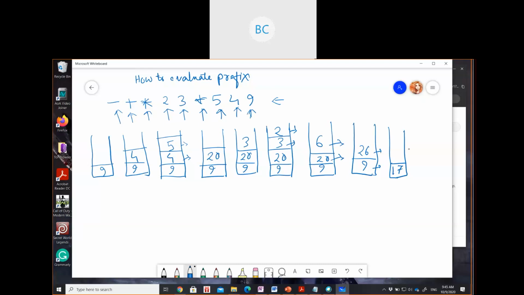So in the postfix also we did the same thing. If we see an operand, you push it to the stack, right?